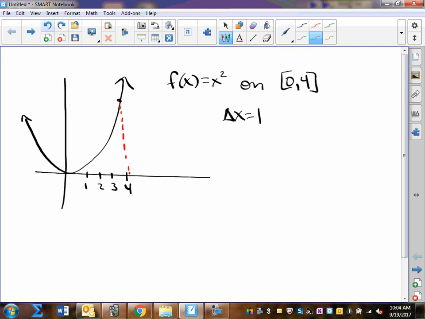So starting off with our left-hand one. So the left-hand sum is where we draw rectangles with heights using the left endpoint.